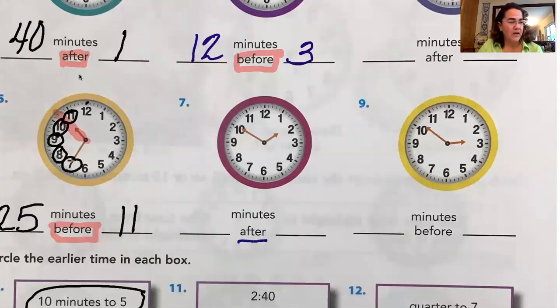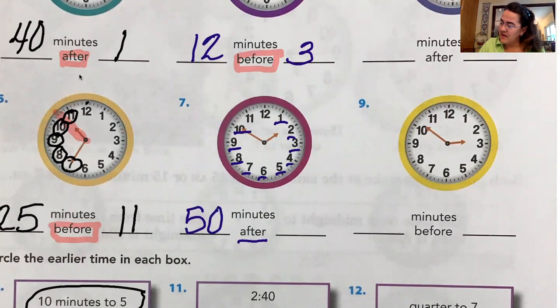So we are at, let's count second grade, 5, 10, 15, 20, 25, 30, 35, 40, 45, 50. 50 minutes after what hour? We're between the 1 and the 2, so it's after 1. Right? So it's 50 minutes after 1. We could also call that 10 minutes to 2, but that's not what our paper wants.